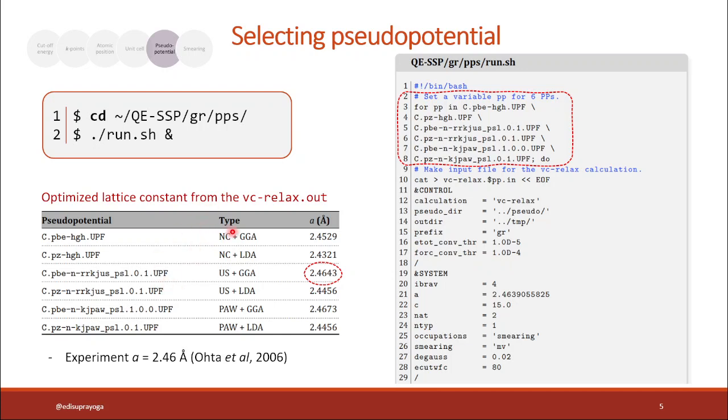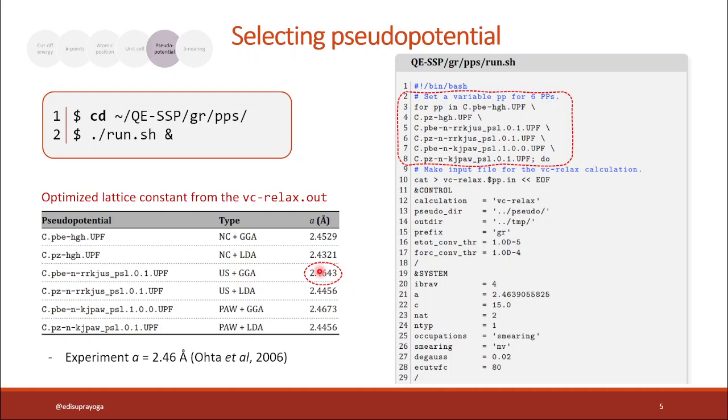In this table, the pseudopotential type is listed, and this is the optimized lattice constant, and compare with the measured experimental lattice constant of graphene, 2.46. The calculated lattice constant of ultrasoft pseudopotential plus GGA is in good agreement with the experiment.